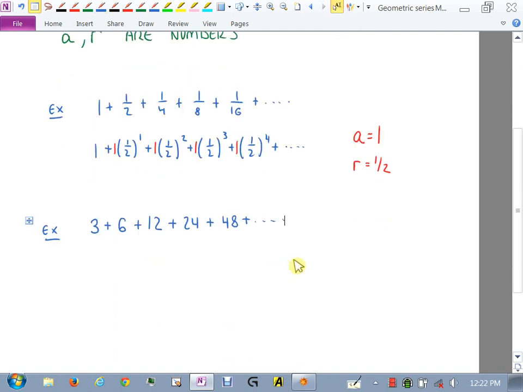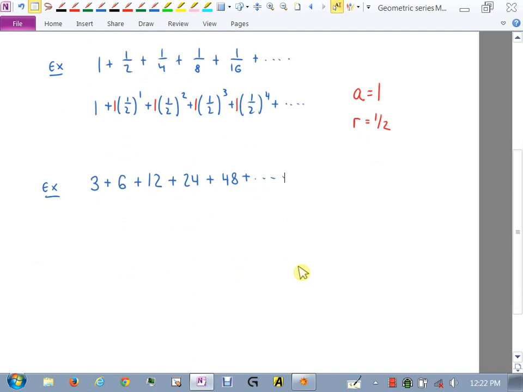This one's a little harder to see, so I'll just kind of help you in case you need it. This is 3 times 1, plus 3 times 2, plus 3 times 4, plus 3 times 8, plus 3 times what? 16, plus dot, dot, dot. Y'all see that?